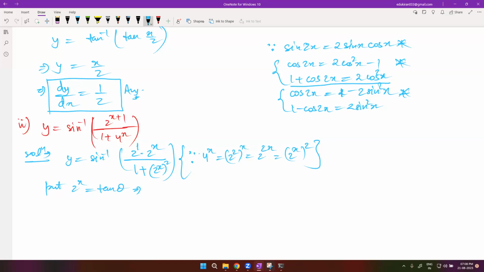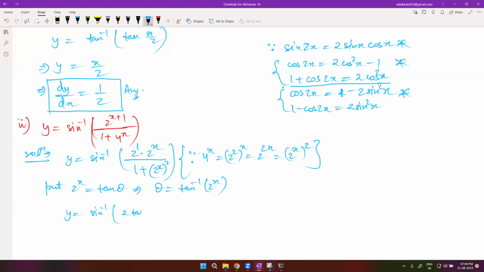If I put 2 to the power x as tan theta, it means that theta is tan inverse 2 to the power x. Sine 2 theta, correct, Shai. So if I put 2 to the power x as tan theta, then what does it become? Sine inverse.